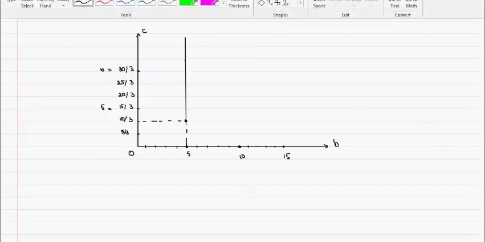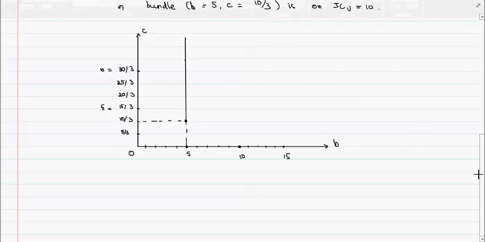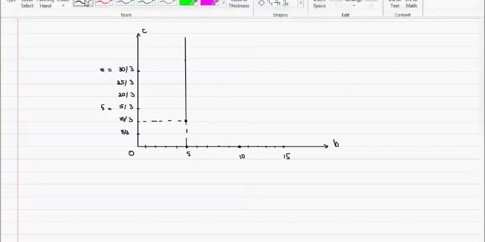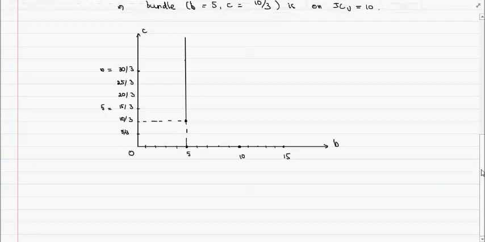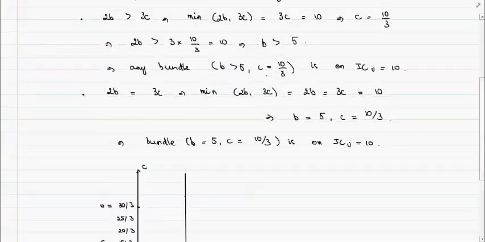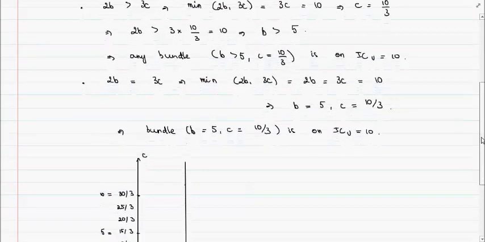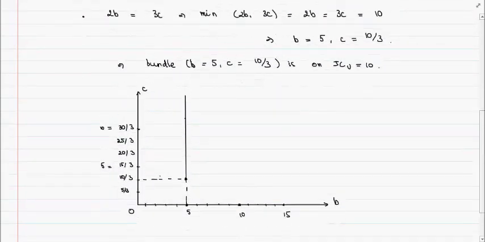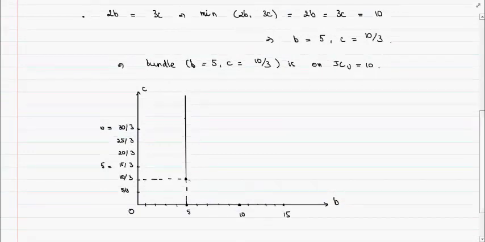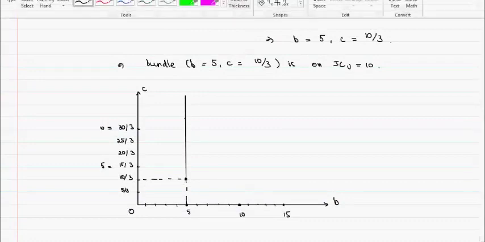And the second case is any bundle where C equals 10/3 and B is bigger than 5, which is going to be on the same indifference curve as well. So C equals 10/3, which is here, and any B bigger than 5, which is to the right of this point, is going to be on the same indifference curve.